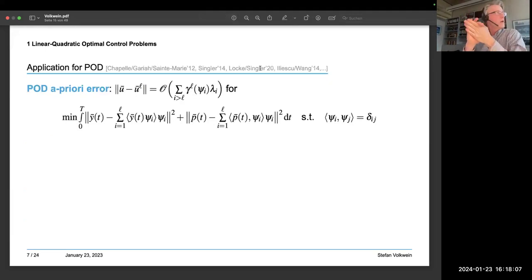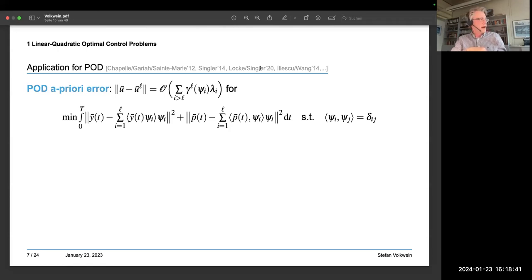So why are we doing this a posteriori error estimation? Maybe I do not have to convince you, because when you come from the reduced basis community, you are used to building a posteriori error estimation. But we came from the POD. And what is the bottleneck of POD? The bottleneck of POD is that the basis that you compute can only be as good as your snapshots are.